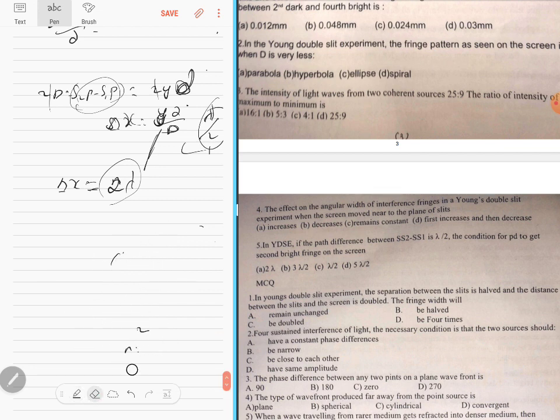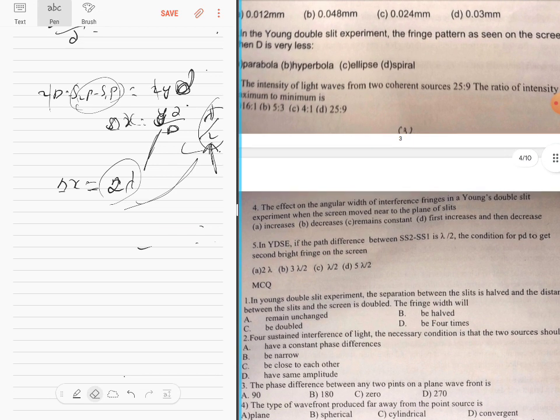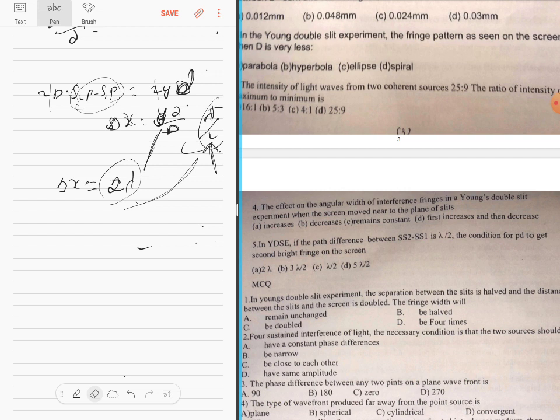But the question is about the bright fringe, and I'm not even able to equate, because you get 2 lambda is equal to lambda by 2. You get 2 is equal to half, which is not mathematically possible. What are they even asking is my question. The path difference is lambda by 2, the condition for you to get the second bright fringe on the screen.